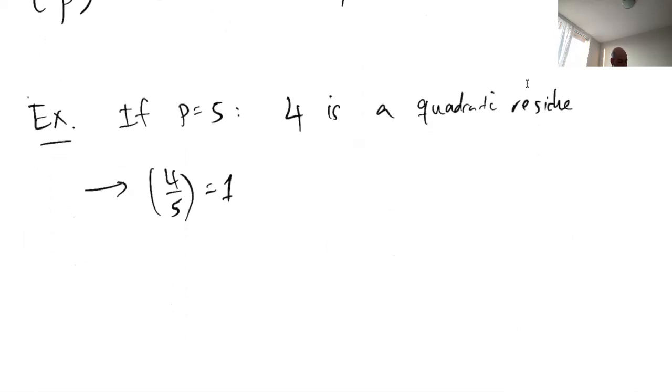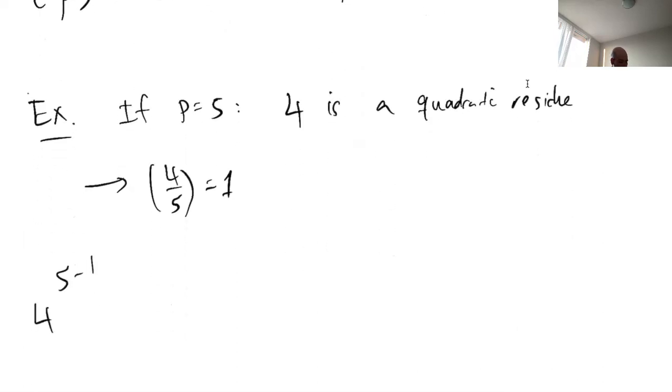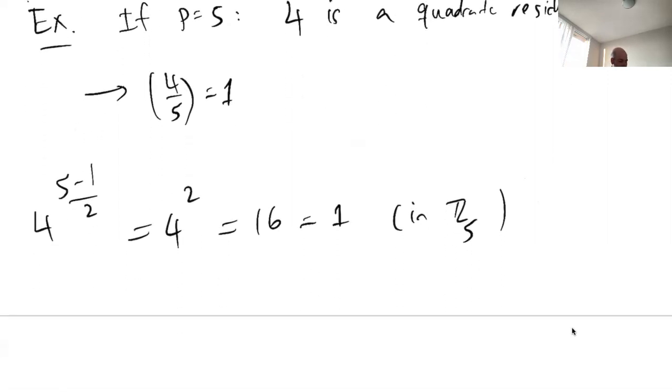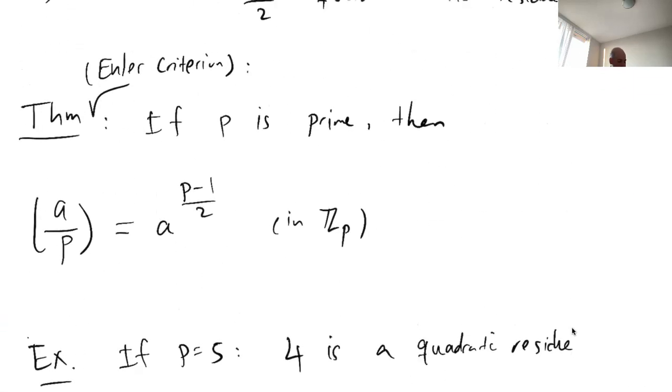So what about the other side? 4 to power 5 minus 1 over 2 means 4 to power 2, which is 16, which is equal to 1 in Z5. 16 and 1 are equal in Z5. And 4 over 5 is also 1. So 4 over 5 is equal to 4 to power 5 minus 1 over 2.